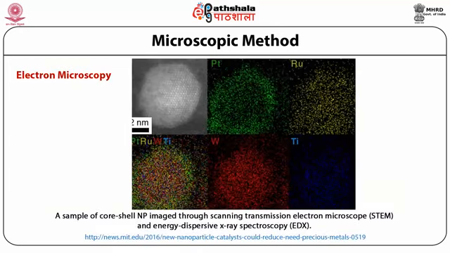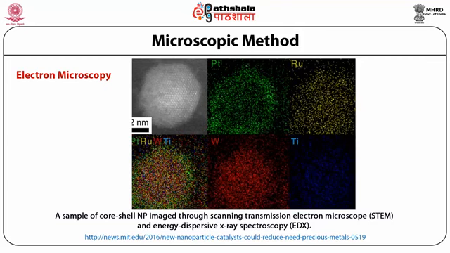A sample of core shell nanoparticle imaged through scanning transmission electron microscope, we call it STEM, and energy dispersive X-ray spectroscopy, we call it EDX, is shown here, and the colored images show the precise location of different elements in the particles. Here we see that green color is for platinum, yellow color is for ruthenium, W is for tungsten, and blue is for titanium.